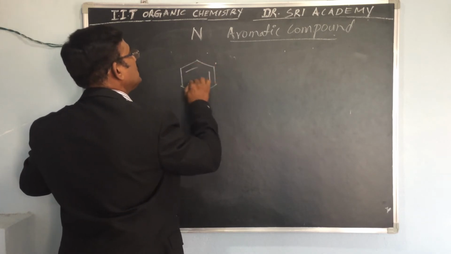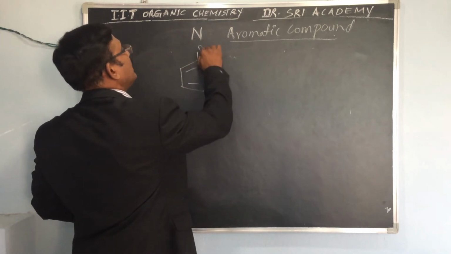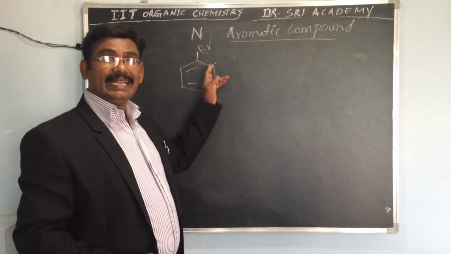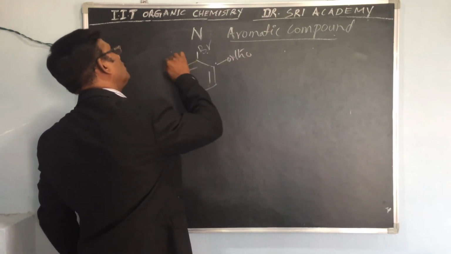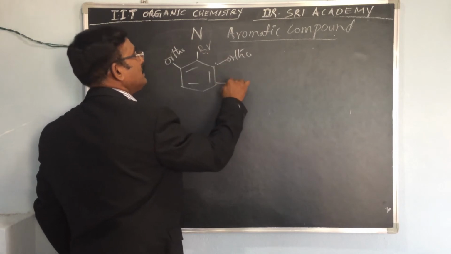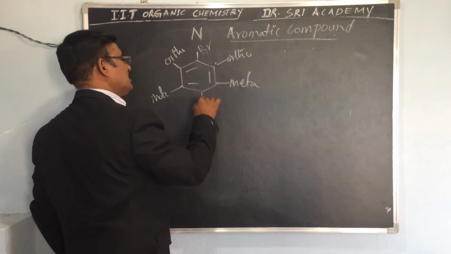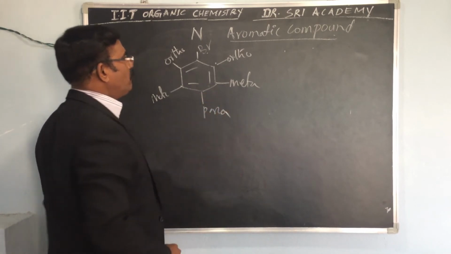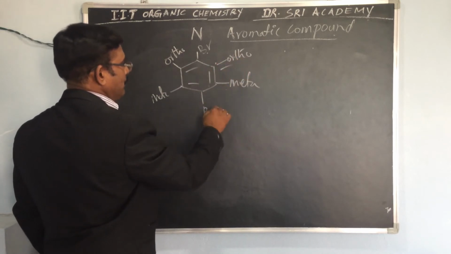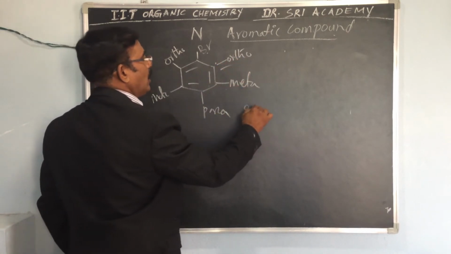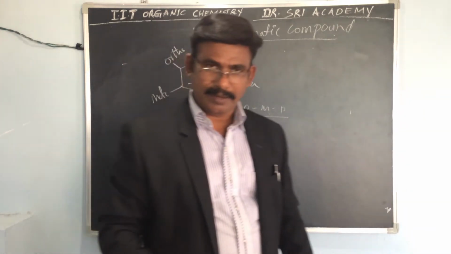So this is the benzene. If a monosubstituent is already there, bromobenzene for example, the next substituent in this position is called ortho. This is also ortho. This is meta. This is also meta, and this is para. So we know only three possibilities are there: ortho, meta, and para.